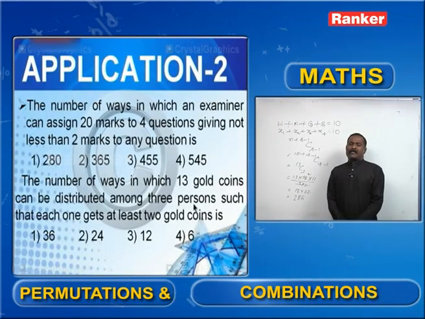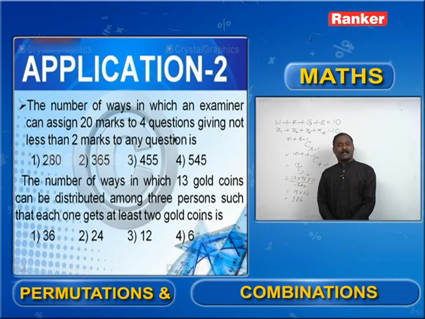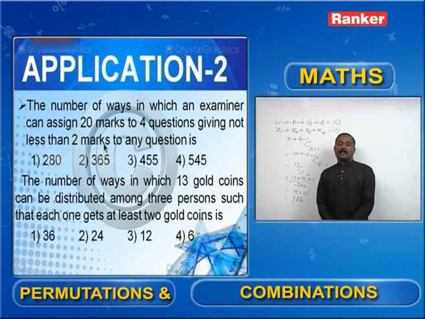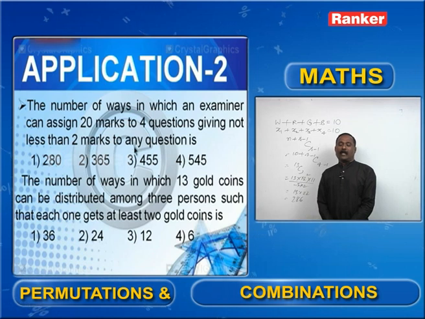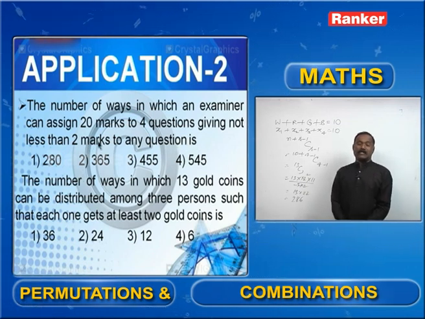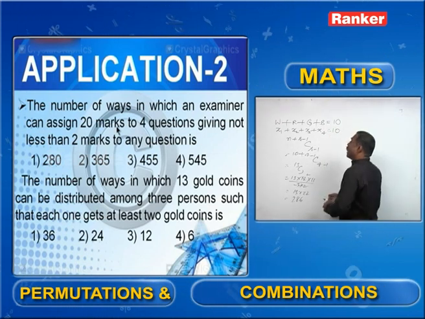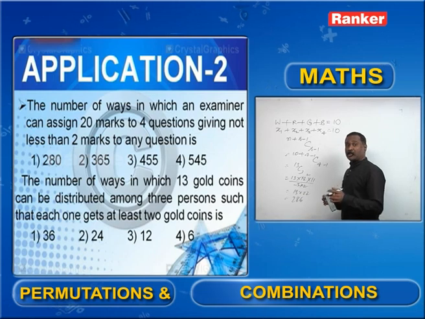The number of ways in which an examiner can assign 20 marks to 4 questions, giving not less than 2 marks to any question. How many questions are there? 4 questions are there, and here also the restriction is there.